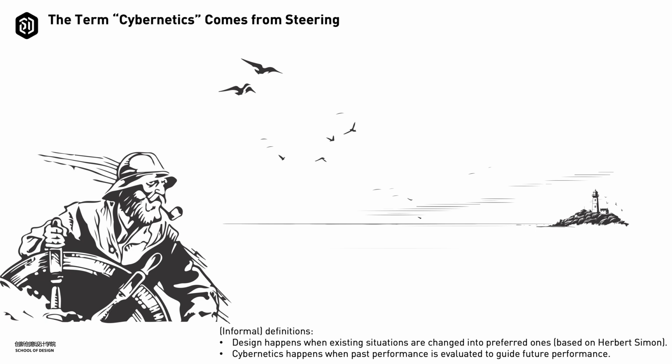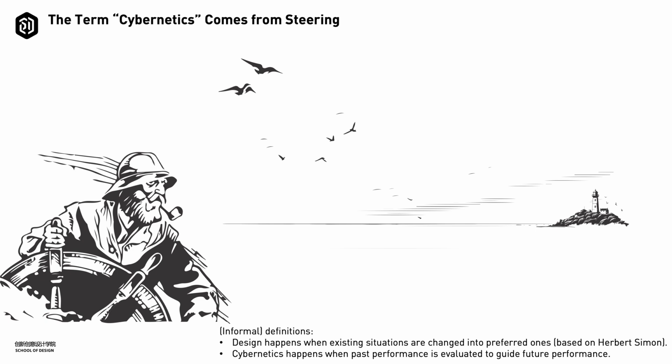The first is a definition of design: design happens when existing situations are changed into preferred ones. This is a rephrasing of something Herbert Simon wrote in The Sciences of the Artificial in 1969. And cybernetics happens when past performance is evaluated to guide future performance.